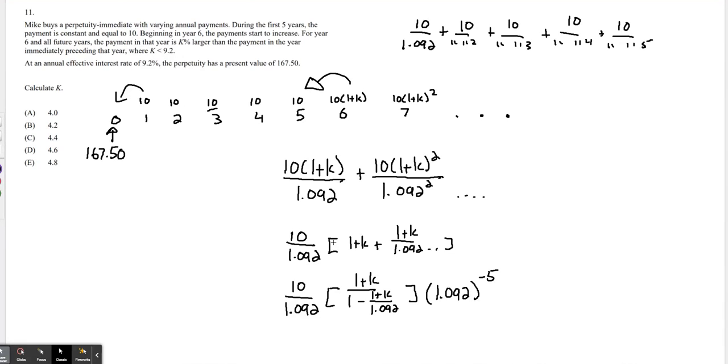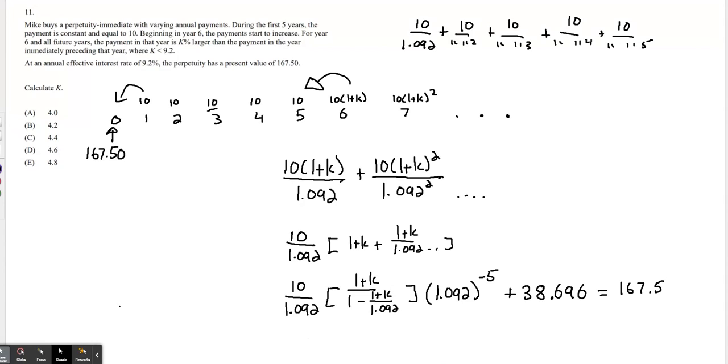So we get 38.696, okay? And now that is equal to 167.5. So we get this, and what I'm going to do now is we definitely want to use our calculator.